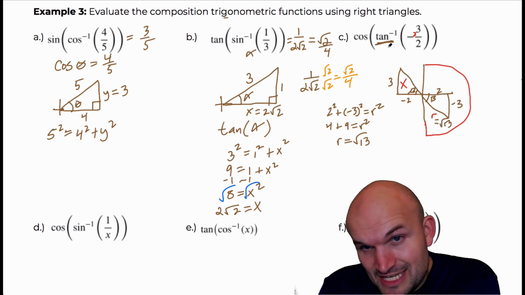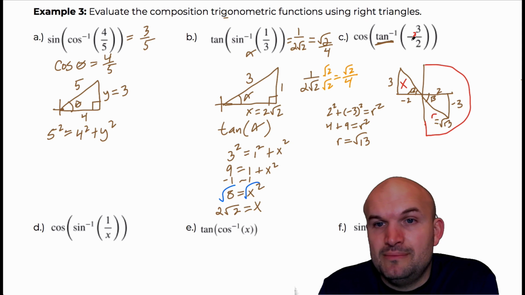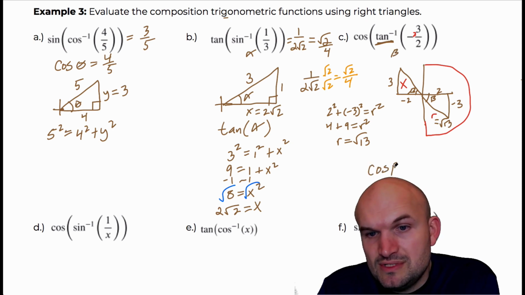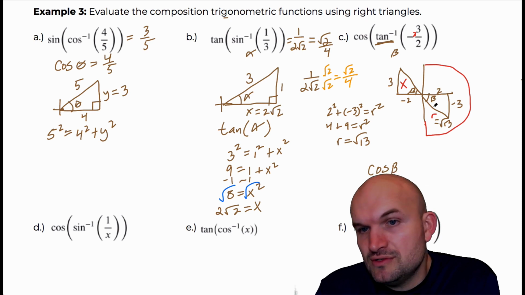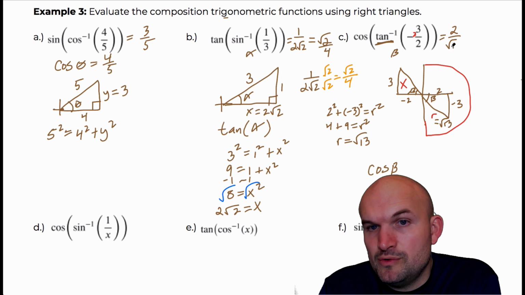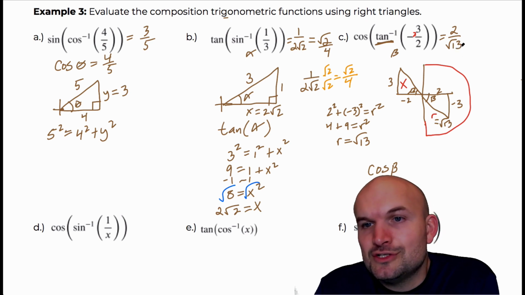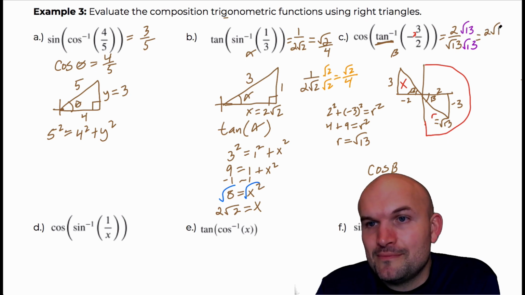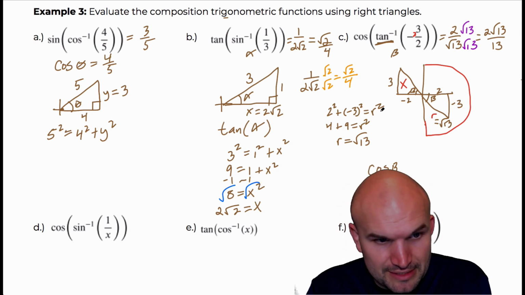So now, tangent inverse of negative 3/2 is going to give us our angle beta, and then we're basically just saying, well, what is the cosine of angle beta? Well, the cosine is going to be adjacent over hypotenuse, so this would be 2 over the square root of 13, and let's just show our work this time, since I embarrassingly got that wrong last time without showing my work. So multiply by the reciprocal, and you get 2 square root of 13 over 13.